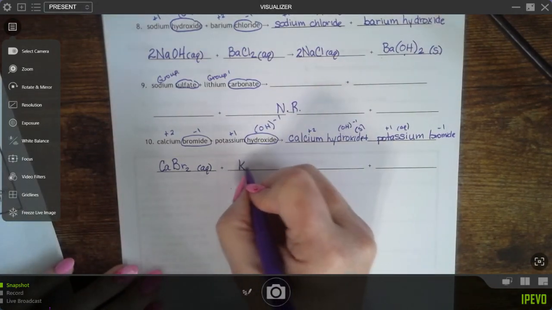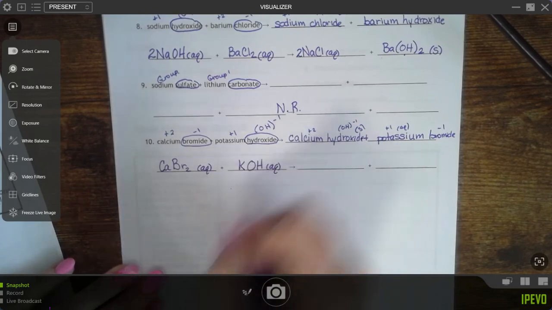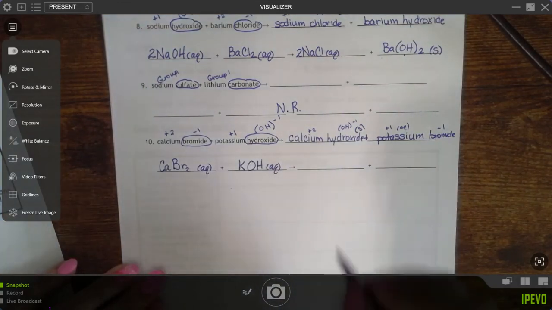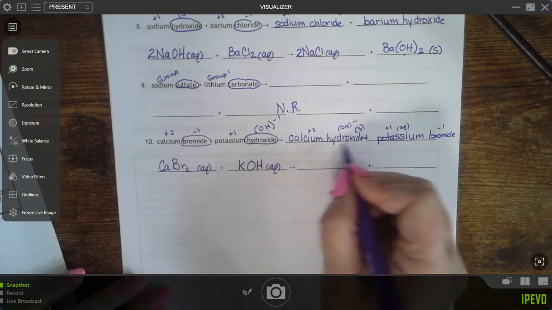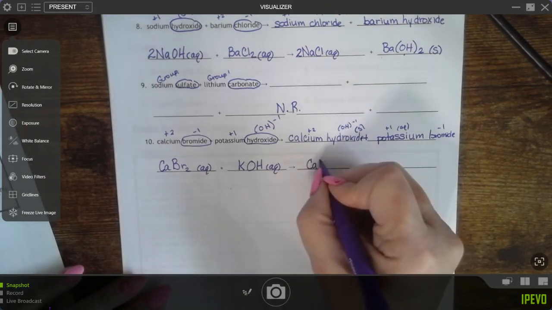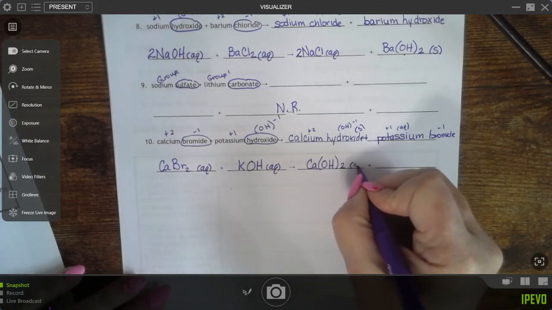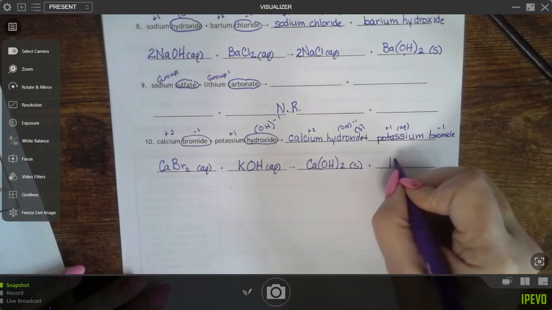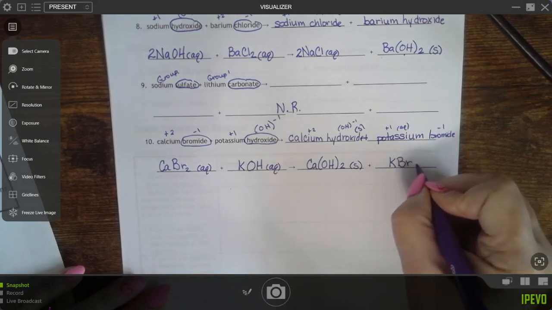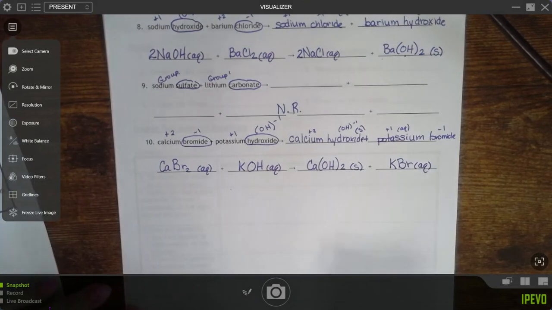And potassium hydroxide, KOH, aqueous. All right. And then we have calcium hydroxide, so Ca(OH)2, and this is our solid. And KBr, and that is aqueous. All right, is this thing balanced? Let's see.